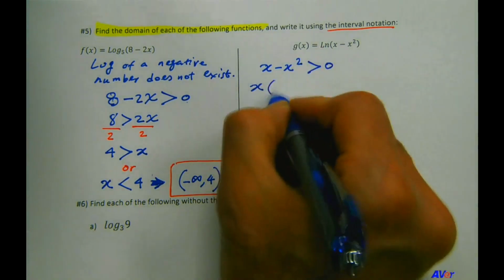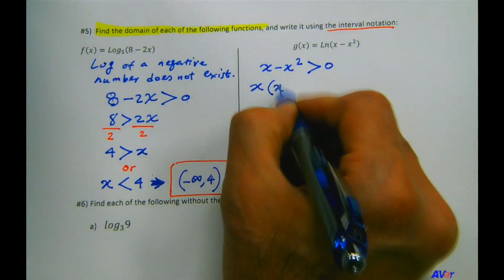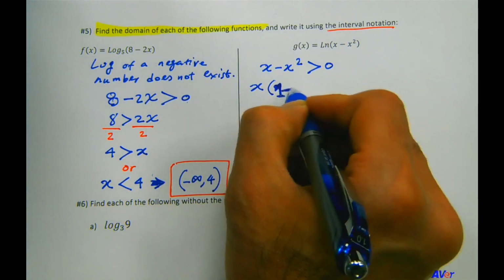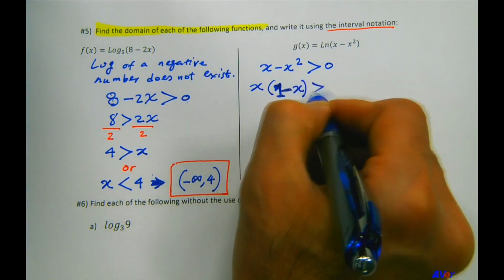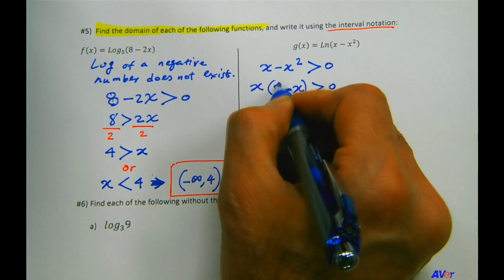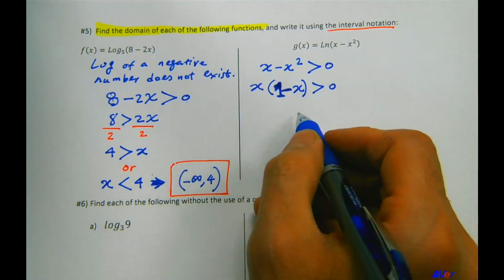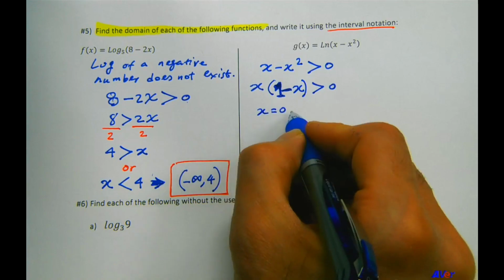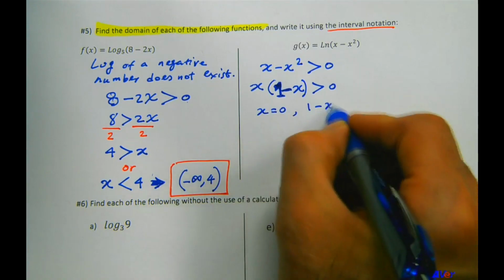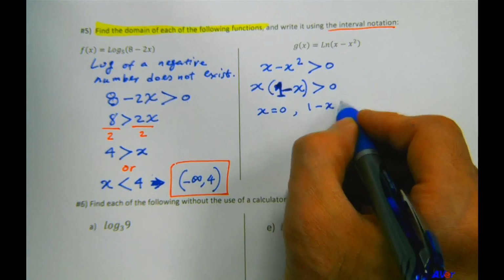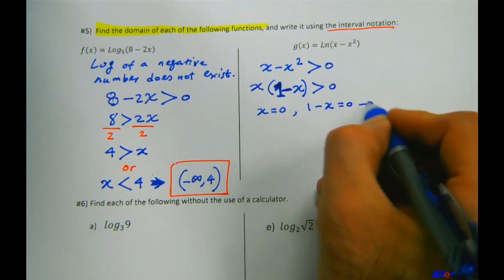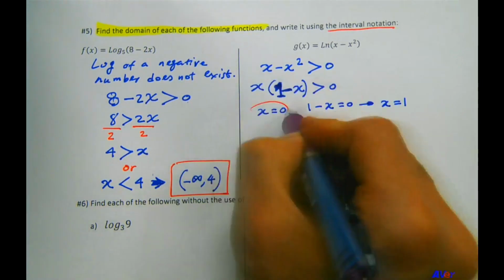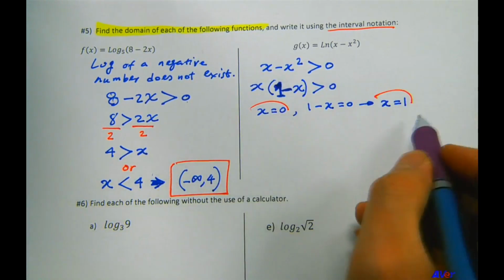So factor this, we get x times 1 minus x greater than 0, right? We get that. Now x equals 0, and then 1 minus x equals 0, so x equals 1. So we have two numbers that are boundary solutions.